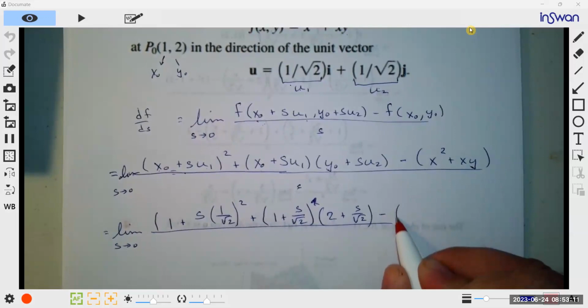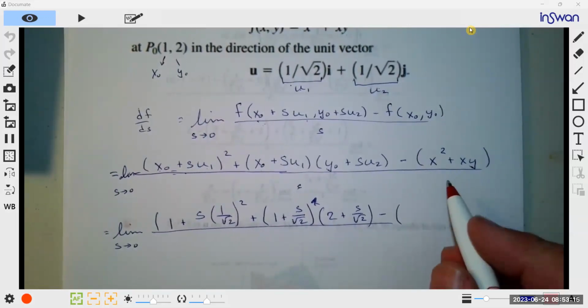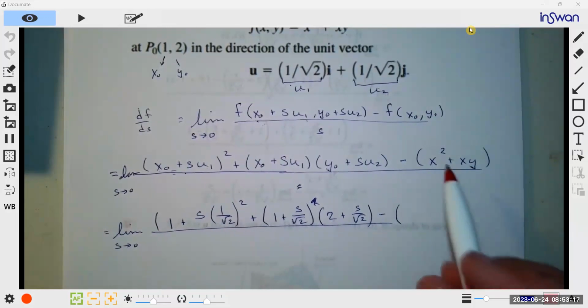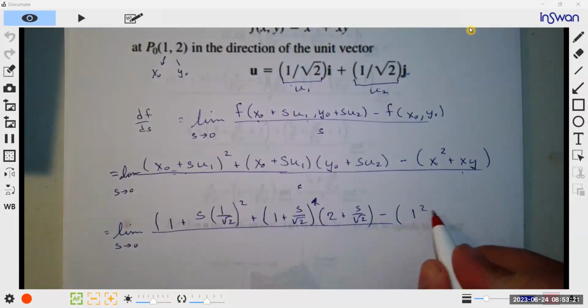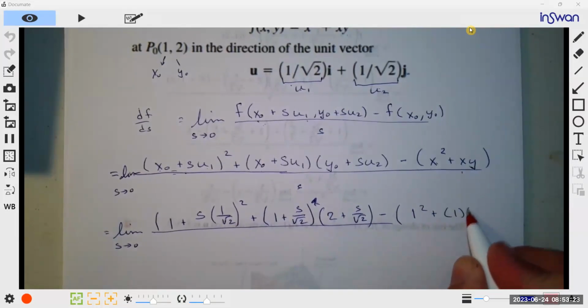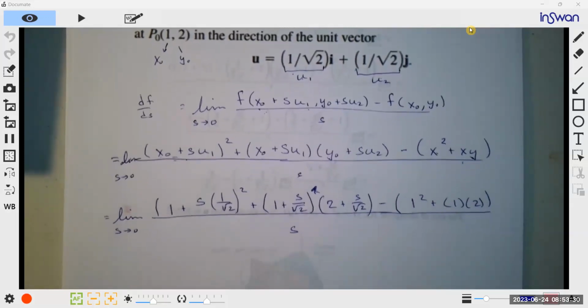Minus, so now plug in our x and y values, 1 squared plus 1 times 2, over s.